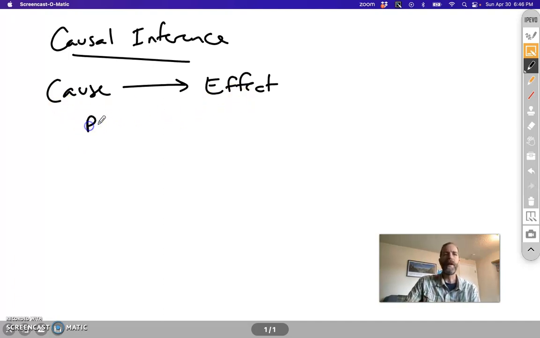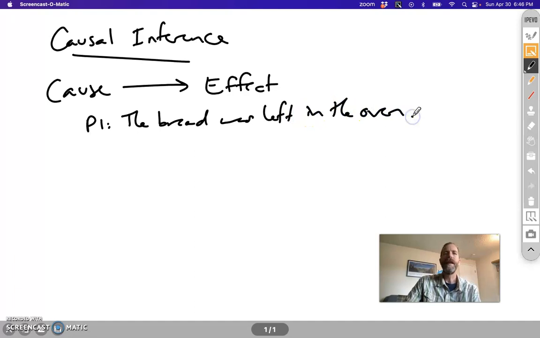Premise one would be that the bread was left in the oven. That's just something that happened, and then we infer, without seeing the bread, without knowing exactly what happened, that this would have been cause for the bread to be burned. So the bread is burned. In that case, we go from the cause to the effect. The burned bread is the effect of this.